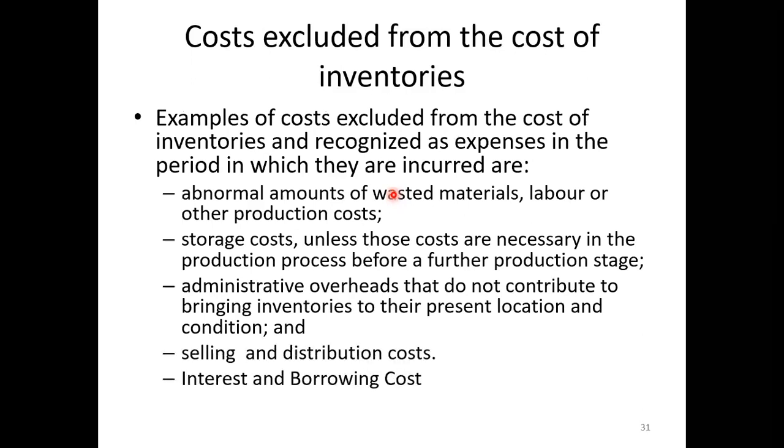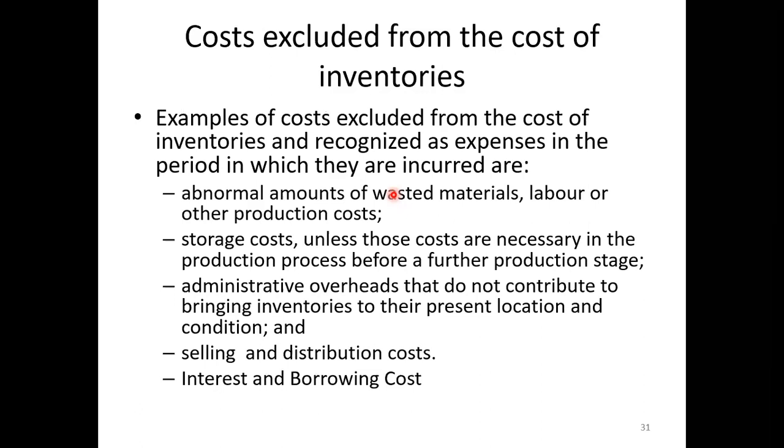Examples of costs excluded from the cost of inventories and recognized as expense in the period in which they are incurred: abnormal amounts of wasted materials, labor, or other production costs. You might have studied abnormal loss and abnormal gain; those are not included here.